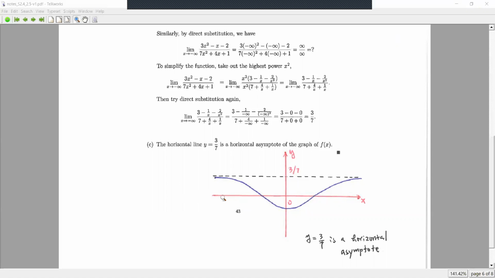So as x approaches negative infinity, the graph of the function is getting closer and closer to this horizontal line. So this horizontal line is a horizontal asymptote of the function. The equation of this horizontal line is y equal to 3 over 7. All the points that satisfy this equation together is this horizontal line.